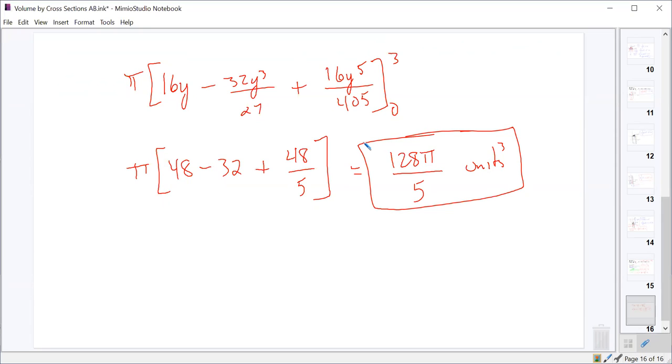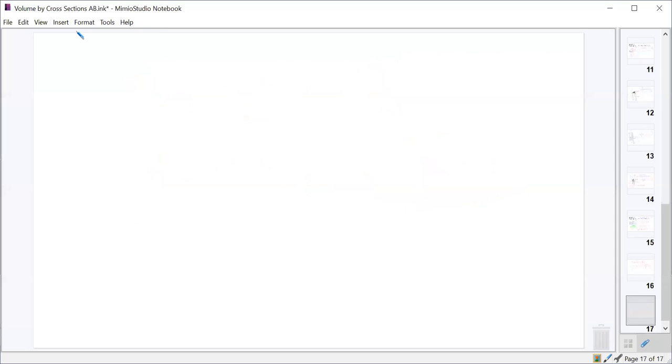Good or no? Good. Spectacular. All right, a couple more here. Let's see if we can take the region between y equals x squared and the y-axis.